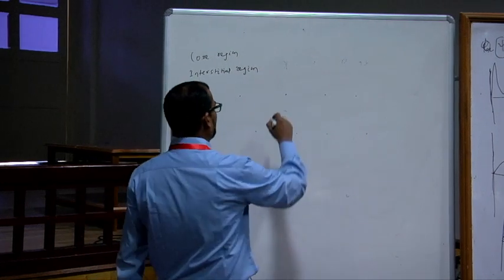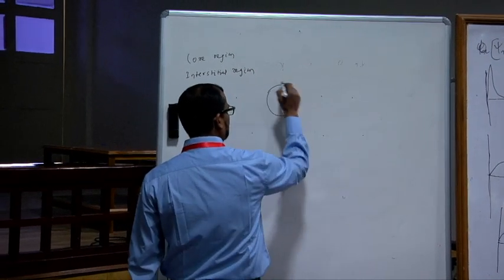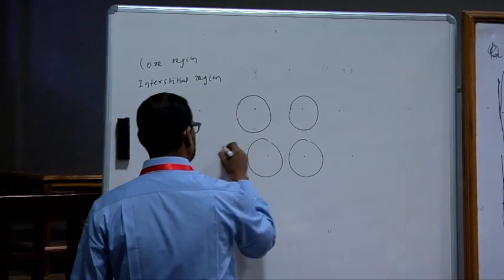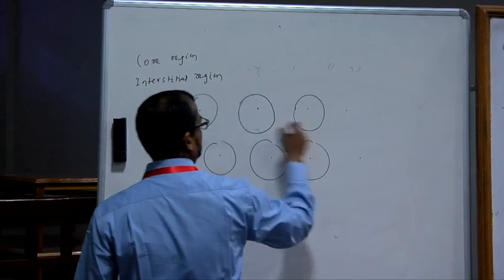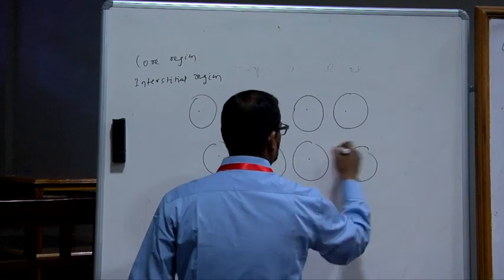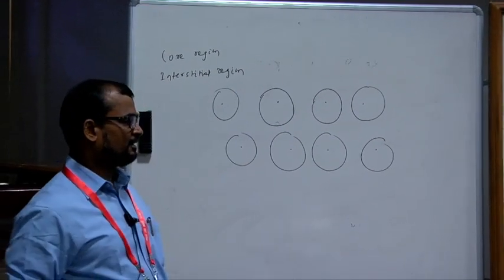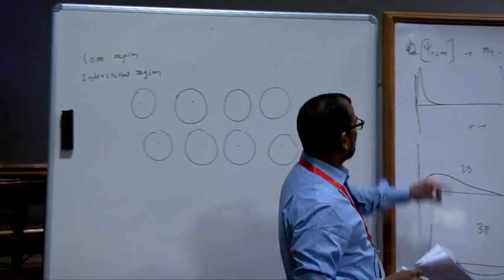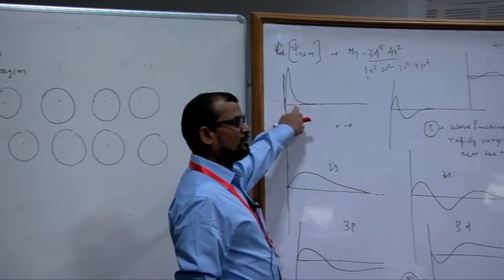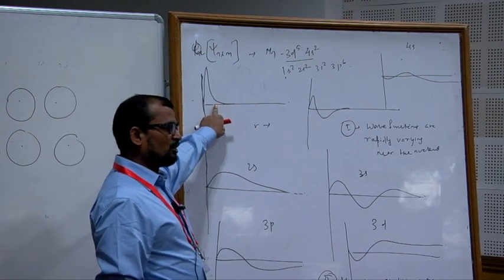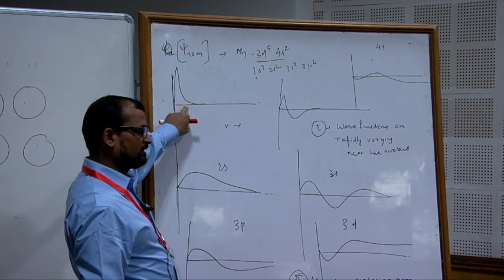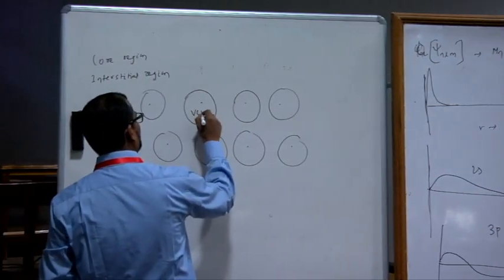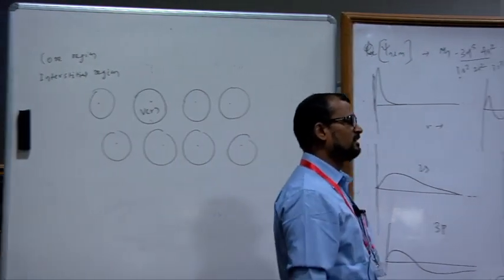Okay, so let me define a core region. In this core region, I'll keep an eye on the rapidly varying component of the wave function. I'll assume that in this core region my potential is spherically symmetric.